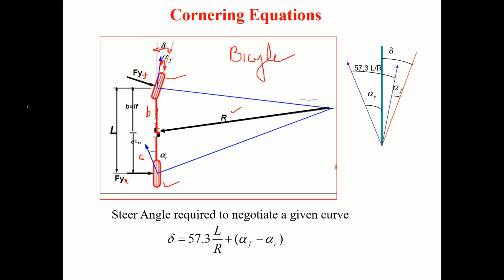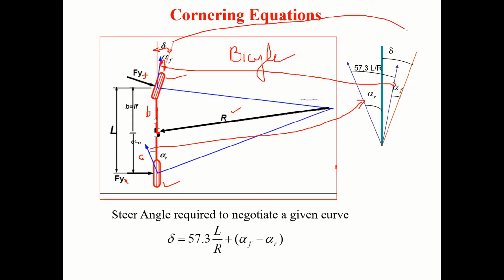Then let us draw this line here, and then this line here, and this line here. The angle between this blue line and this blue line is 57.3 L by R. Neutral steering.